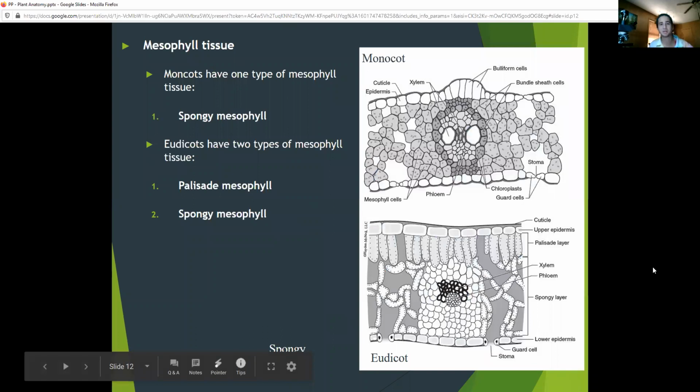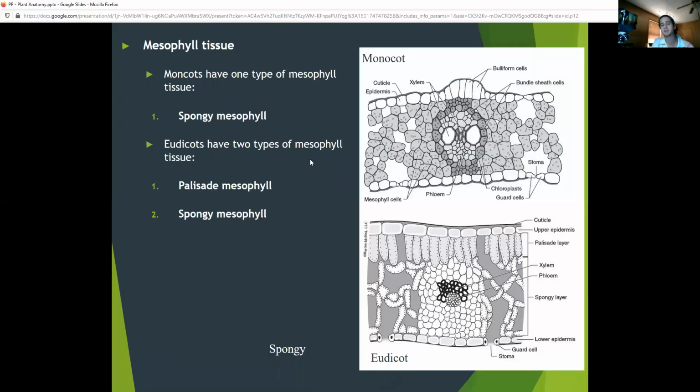So mesophyll tissue. If we take our plant leaf and cut it in cross section, monocots are only going to have one type of mesophyll tissue, so middle tissue, meso, and that is spongy mesophyll. Like the name, it is spongy, full of little pores, not very well organized.